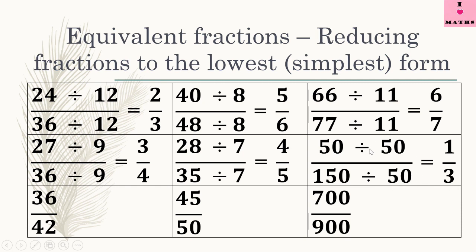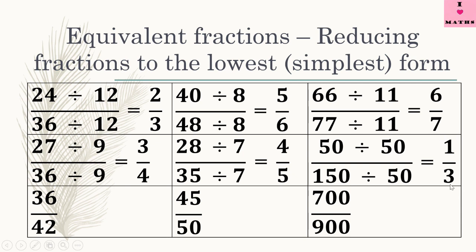Suppose this does not come to your mind, there is no problem. You can divide both these numbers by 10 and then the fraction which you get, you further divide it and you will finally come to the fraction 1 upon 3, the way we came to it in the last slide.